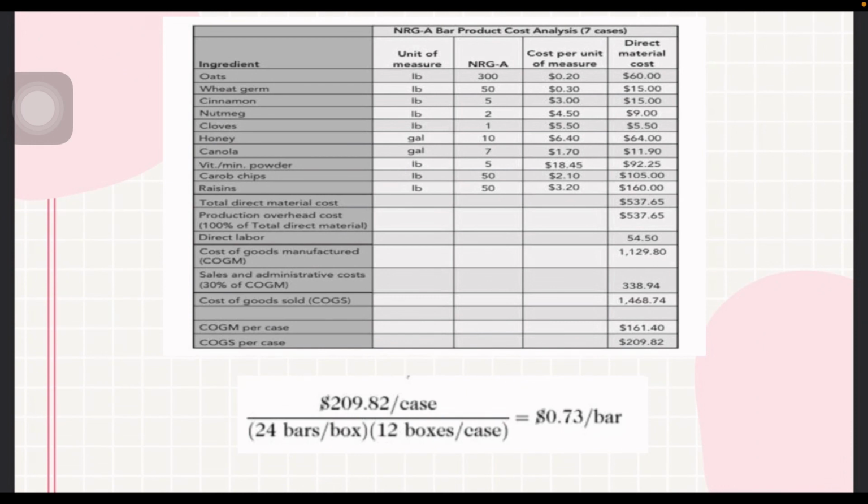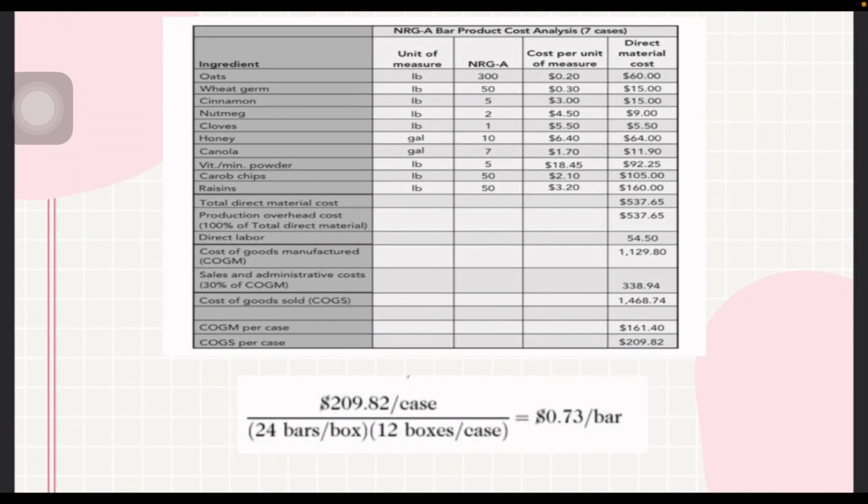So to get 1,129.80, add the total direct material cost, which is $537.65, plus the production overhead cost, which is $537.65, plus the direct labor, which is 54.50. It is equal to 1,129.80, which is the COGM.